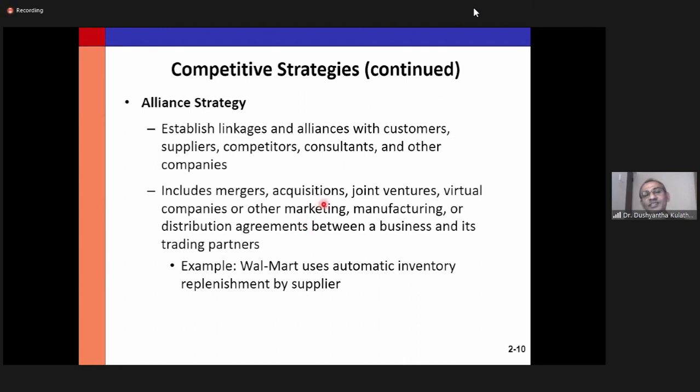I can't remember any examples right now, but there can be certain examples where they focused on improving their operations by joining with other companies virtually, by connecting with each other through companies.